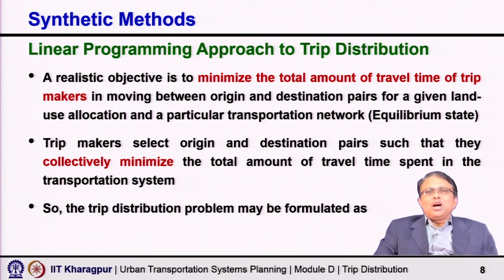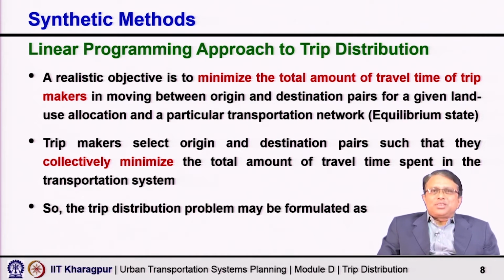That means trips will get distributed so that the total travel time of all the trips, the aggregate travel time, is minimized. That is the kind of equilibrium state which is considered.